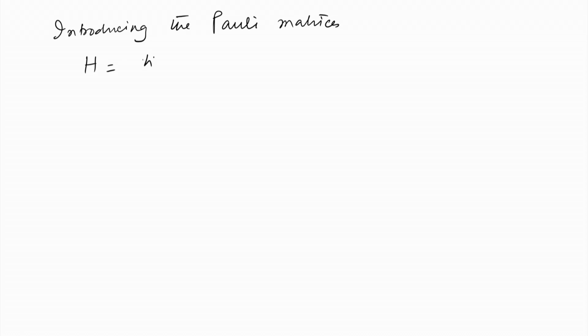There is another way of writing down the Hamiltonian, by introducing Pauli matrices. The Hamiltonian is written as the constant shift plus ħ delta by 2 sigma z plus omega by 2 sigma x, and so on.